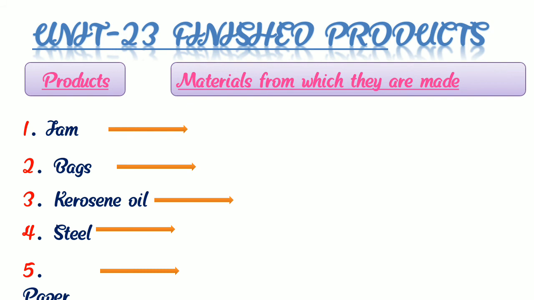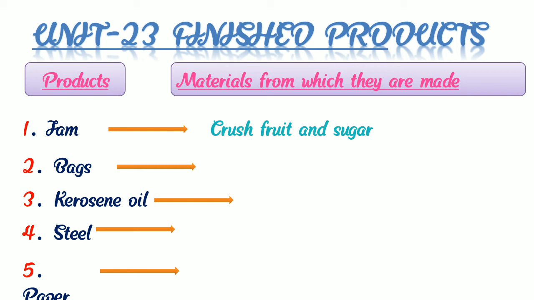So number one, jam. Jam is made from which material? It's crushed fruits and sugar. So jam is made from crushed fruits and sugar. Very good.